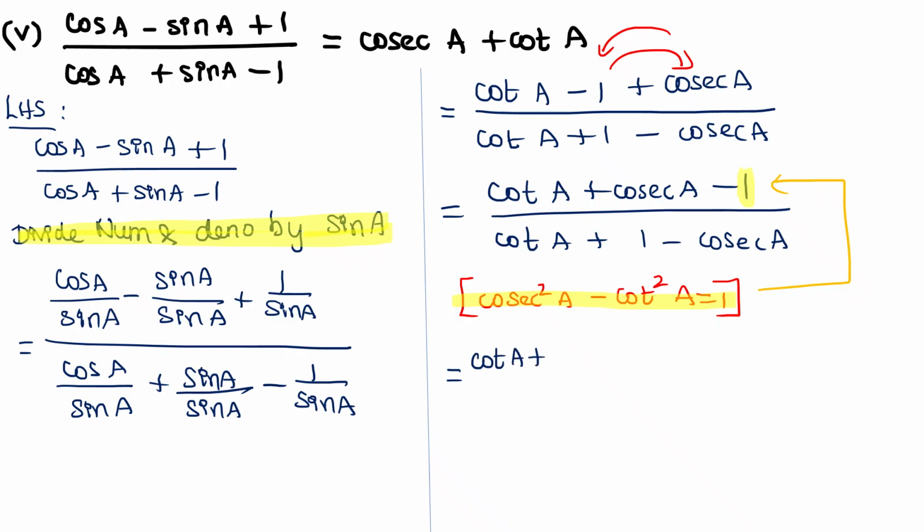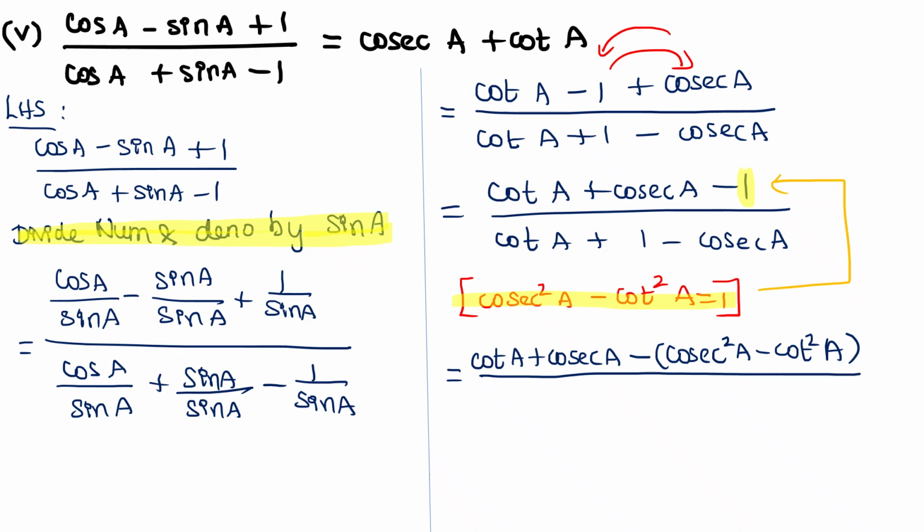Cot A plus cosecant A minus, and try to place them inside your bracket. Otherwise, its signs will get collapsed whenever you do your calculation. Then it will be much easier for your calculation. If you miss your brackets, then the question arises in your mind why we replace.